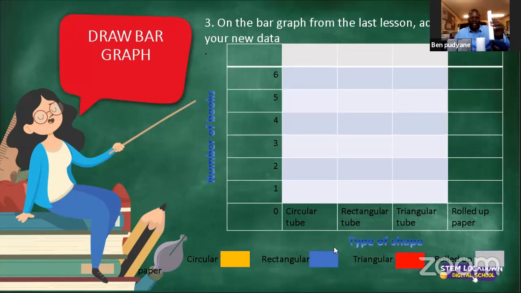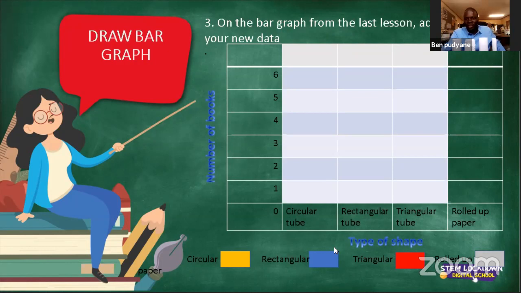Meaning the strut is stronger than the circular tube, and the circular tube is stronger than the rectangular tube, and the rectangular tube is stronger than the triangular tube. Now you can see the strength of these 4 shapes.